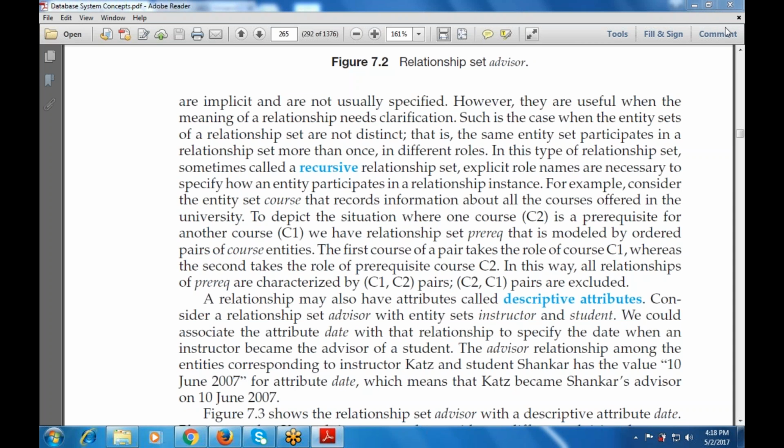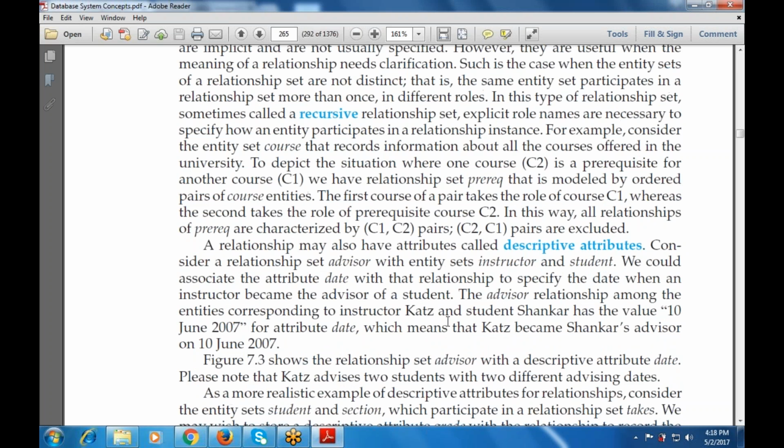A relationship may also have attributes, which are known as descriptive attributes. So consider the relationship set advisor with the entity sets instructor and student. We could associate the attribute date with that relationship to specify the date when an instructor becomes the advisor of a student.